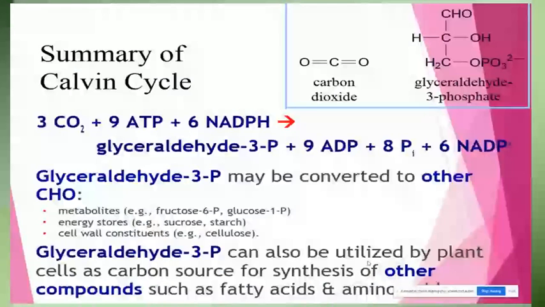So in summary, 3 CO2 with 9 ATP and 6 NADPH produce 1 glyceraldehyde 3-phosphate, and 6 CO2 will produce 1 glucose molecule.